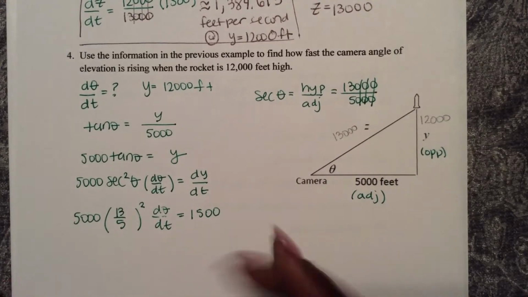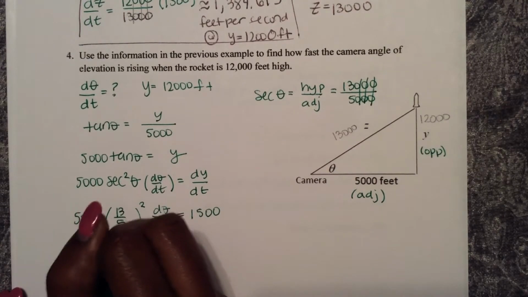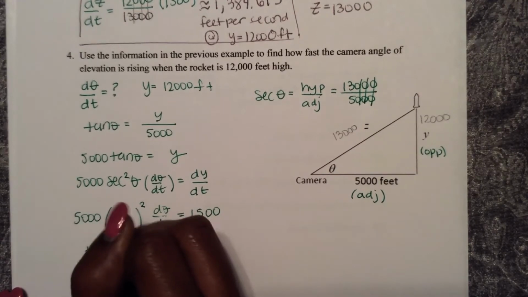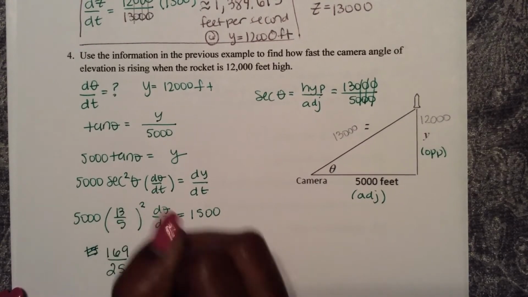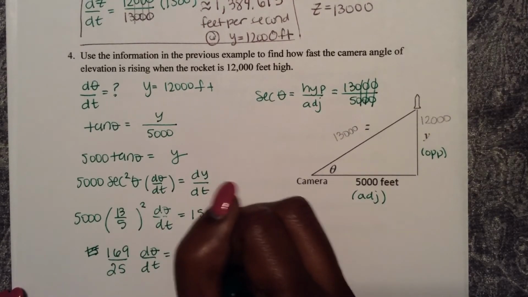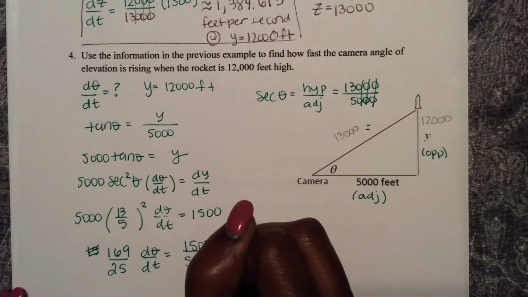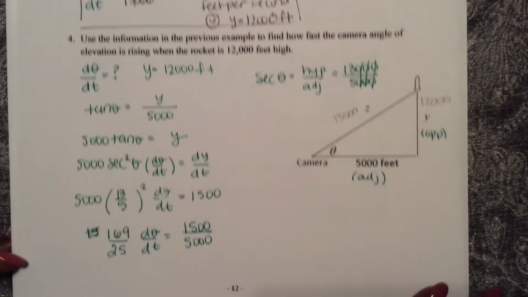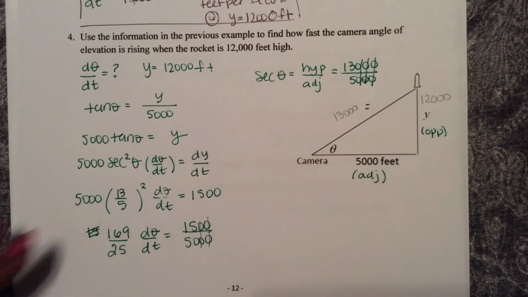So now how do I solve for dθ/dt? I can divide by that 5,000 this way. So I have 169 over 25 dθ/dt equals 1,500 over 5,000. And I see my zeros are going to cancel here. 15 over 50, which also reduces to 3/10.